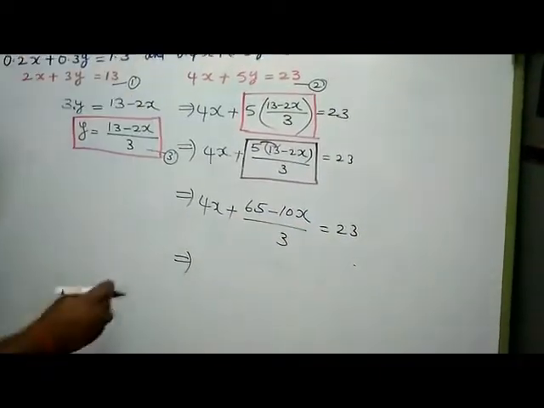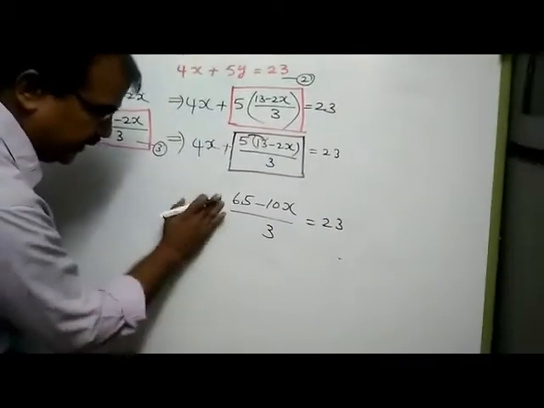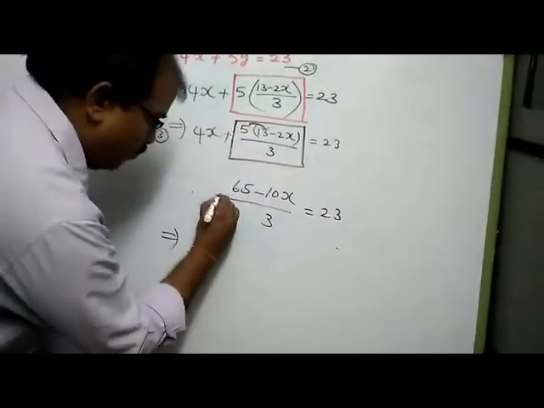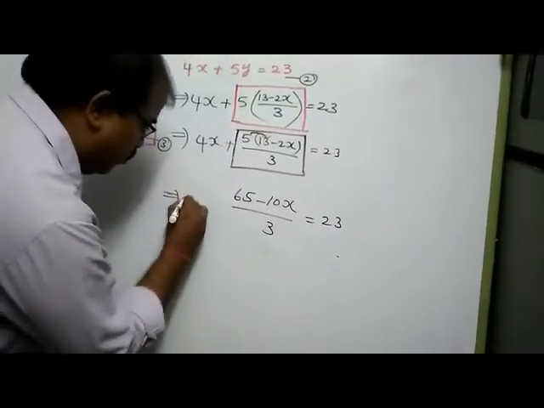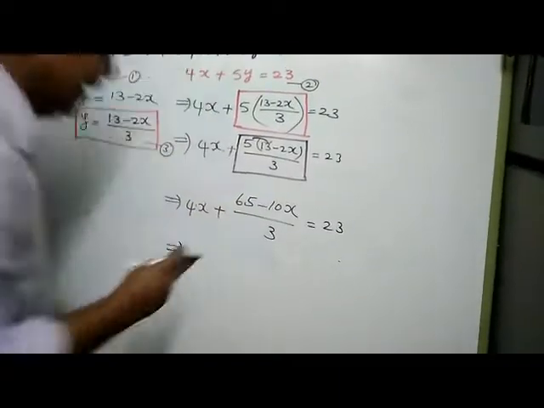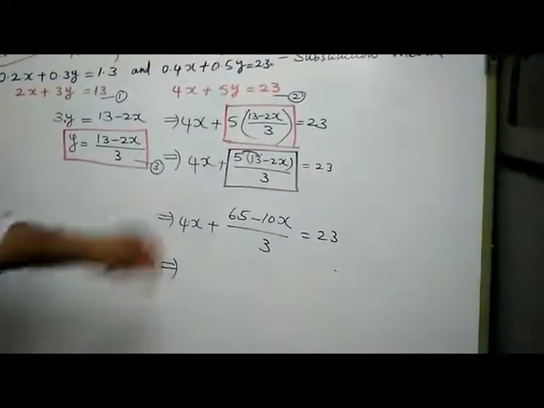Now, like normal fractions, this is 4x plus 65 minus 10x by 3 is equal to 23.